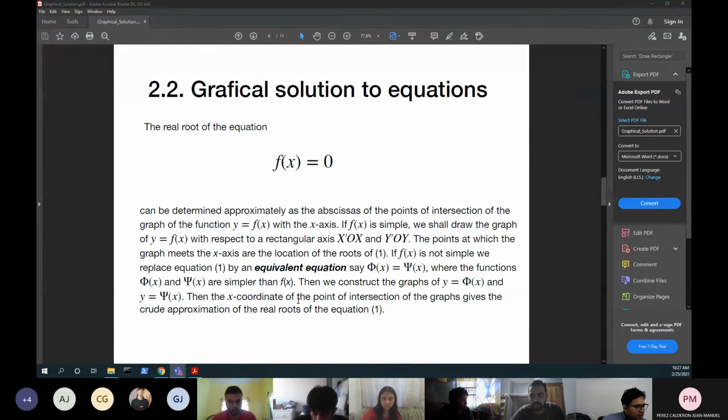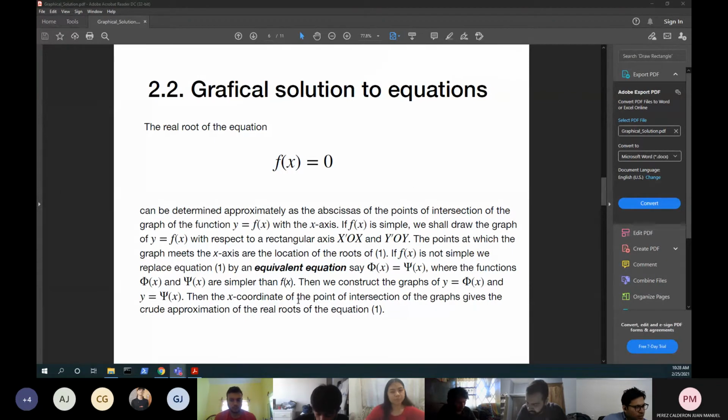On the other hand, if f(x) is a complex function, you can separate the equation into two different functions. The first one is going to be phi(x), and the other one is going to be psi(x). Then you plot the two lines. So you will have two lines, because you're plotting one function, phi(x), and then psi(x).